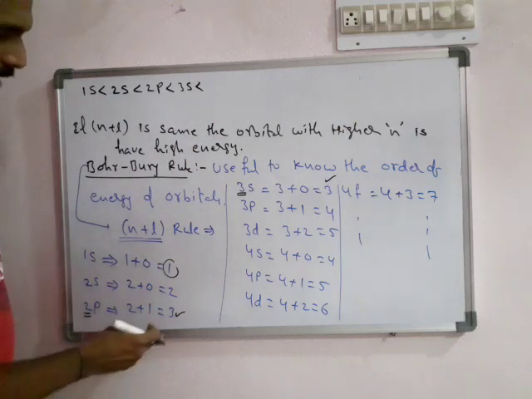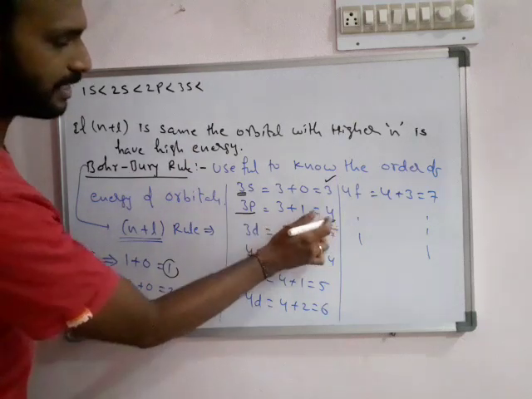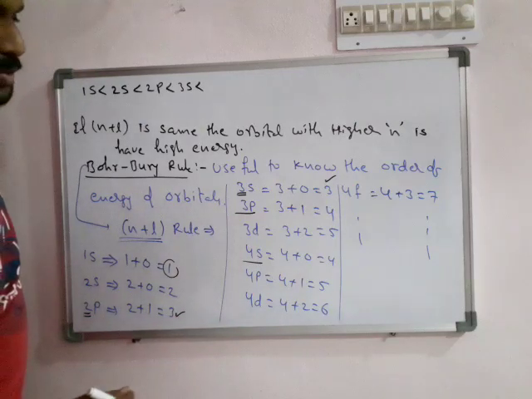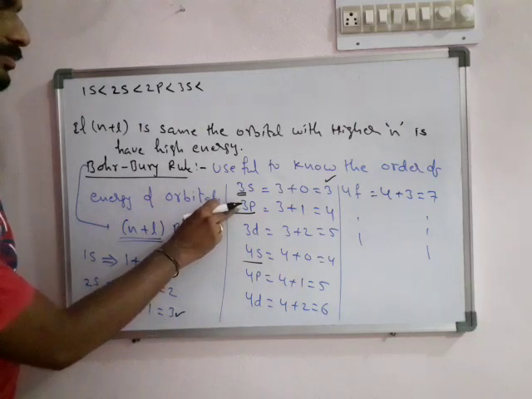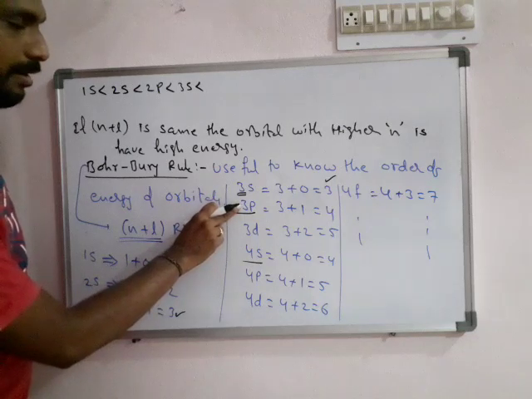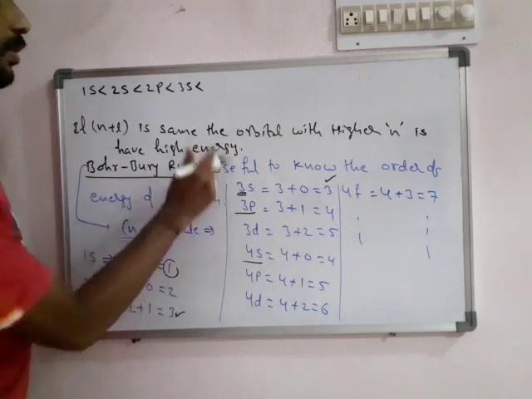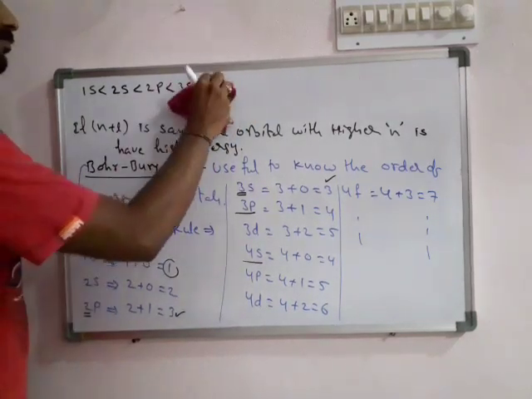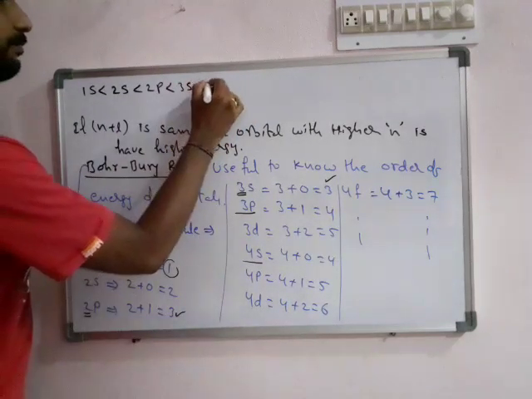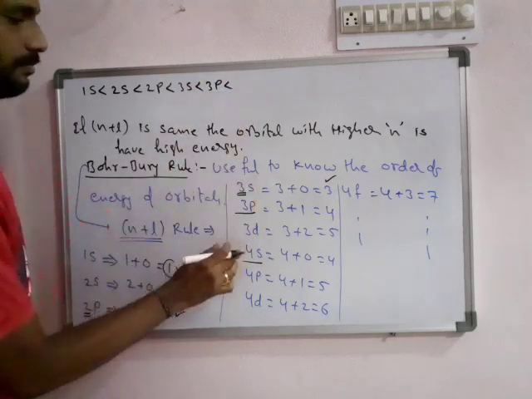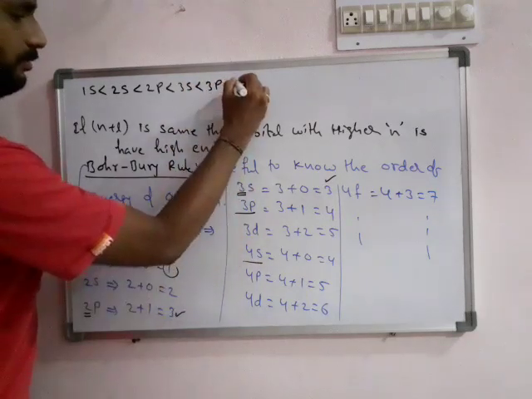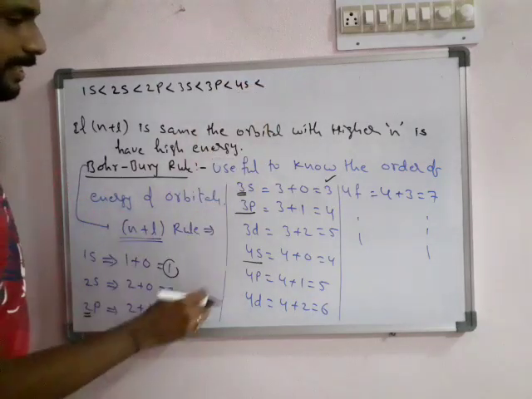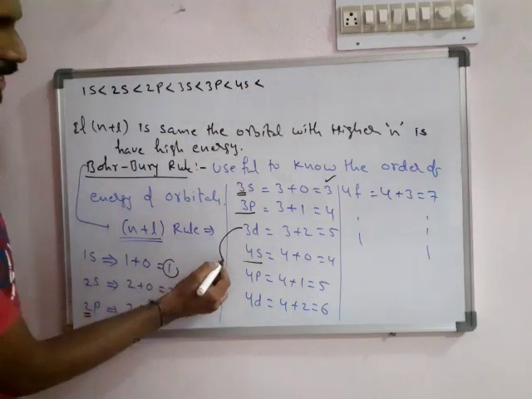Then after 3s comes 4. For 3p it is 4, and 4s also is 4. So then we need to compare the n value, the principal quantum number, 3 and 4. This is the lower value. Then afterwards 5, that is 3d and 4.